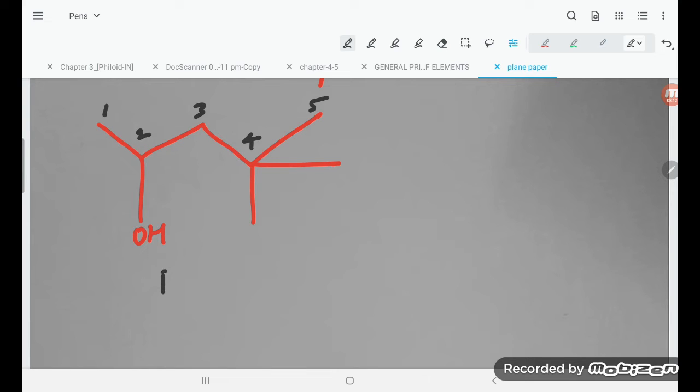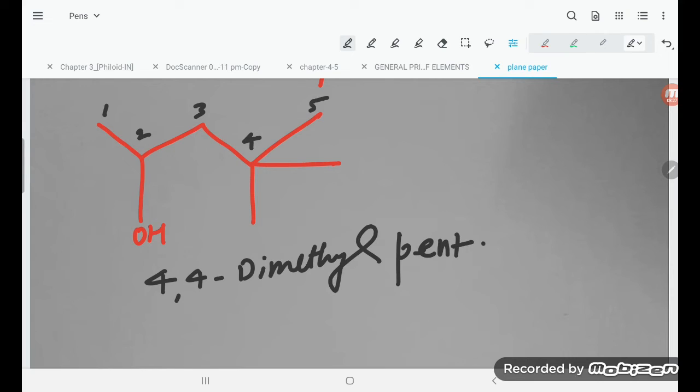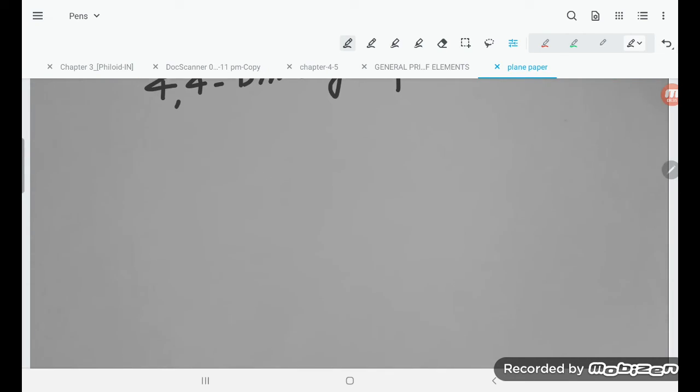Dear students, see, right, 4, 4. It is going to be what, student? Dimethyl. Then it is going to be pent, in, and second position, that is all, pentanol. 4,4 dimethyl pentanol.